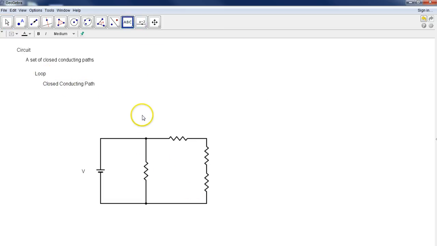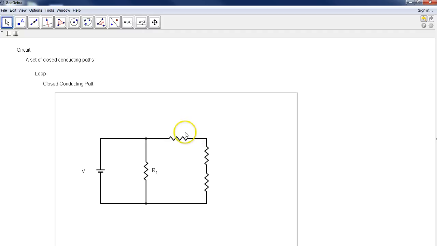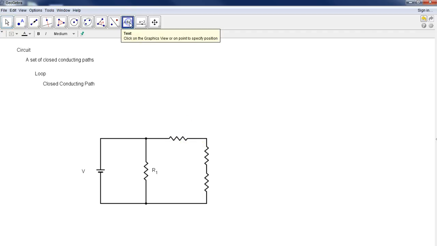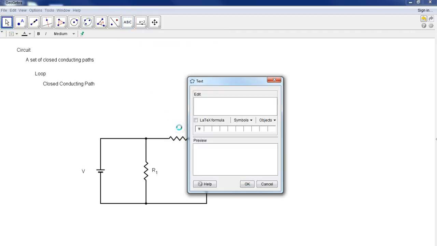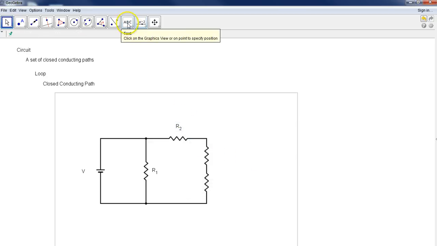Let's label a few more elements in my circuit down here so we can talk about it. We'll call this one R1, R2, R3 and R4.